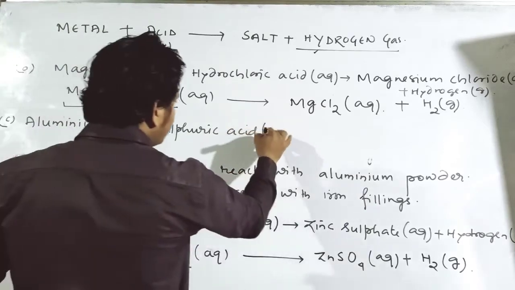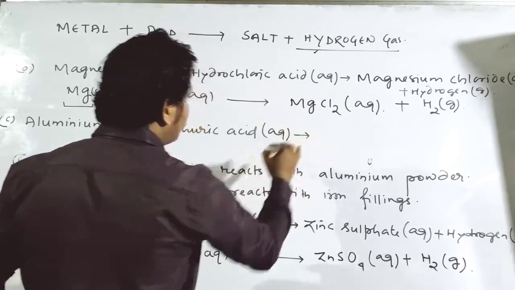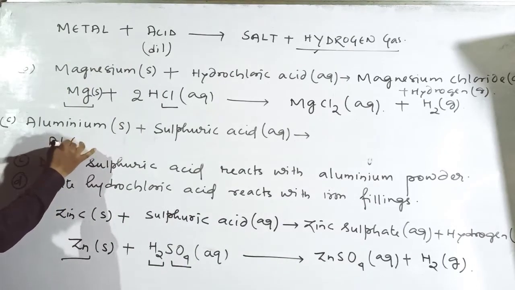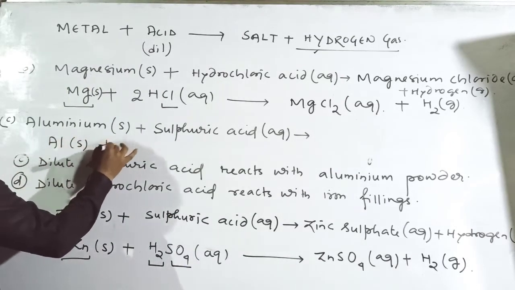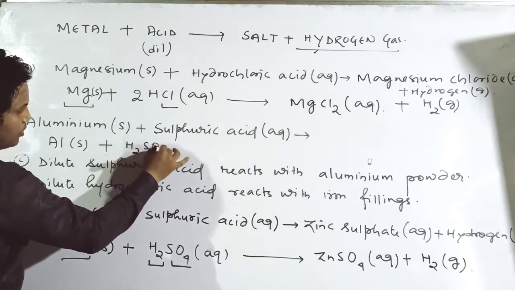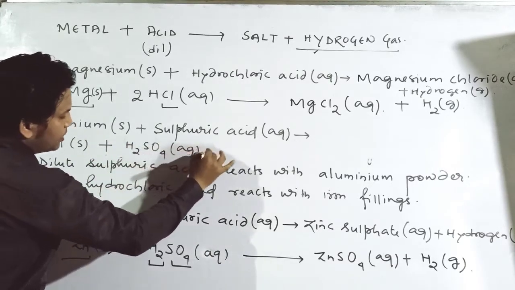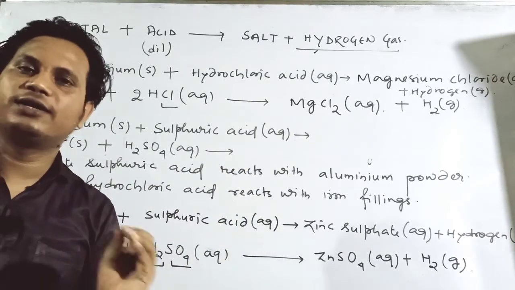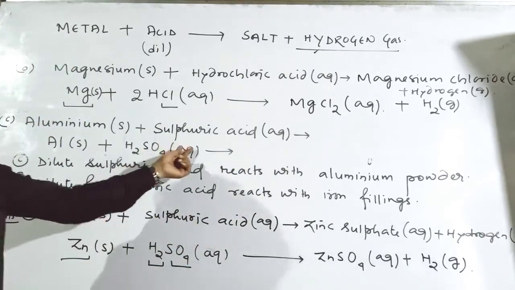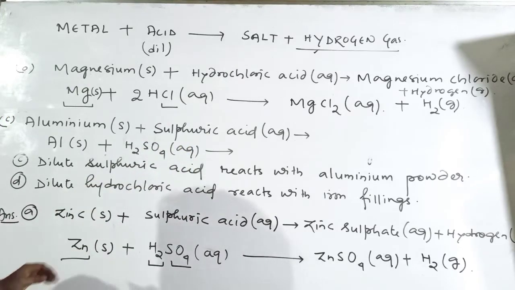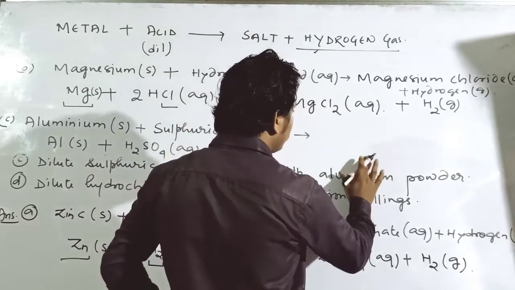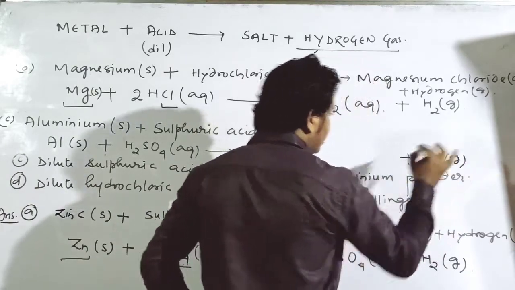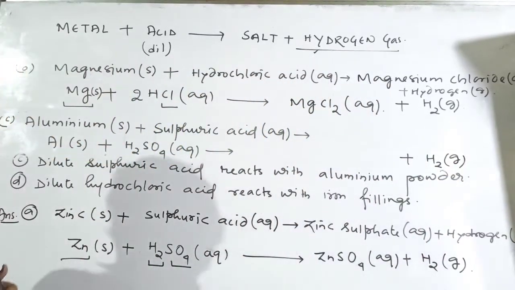Dilute means we have to take aqueous. Aluminium, Al, is solid. Sulfuric acid is H2SO4. Dilution means addition of water to acid. What will be the product? One will be salt, one will be hydrogen gas, H2.